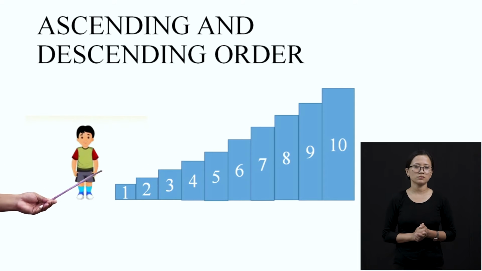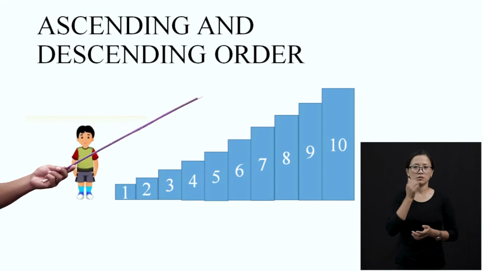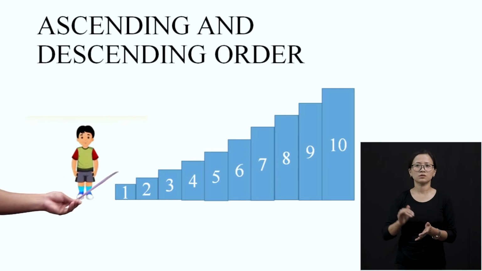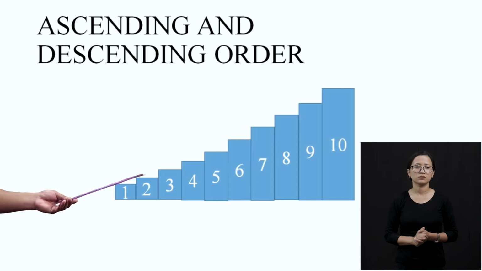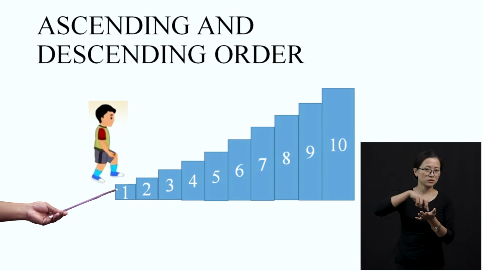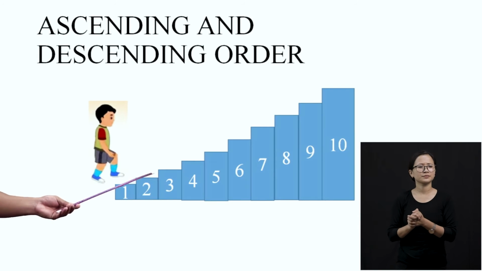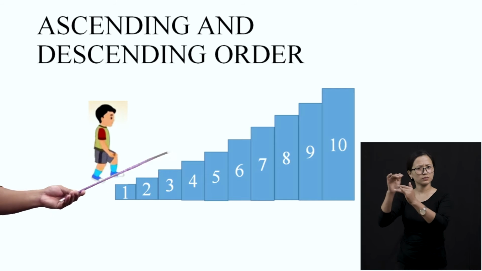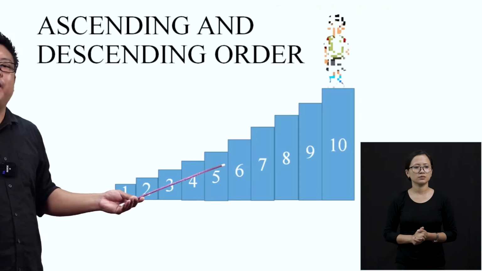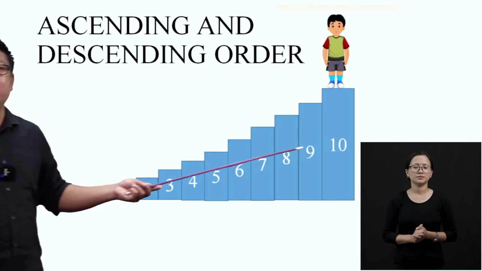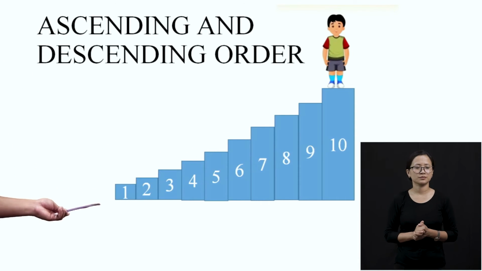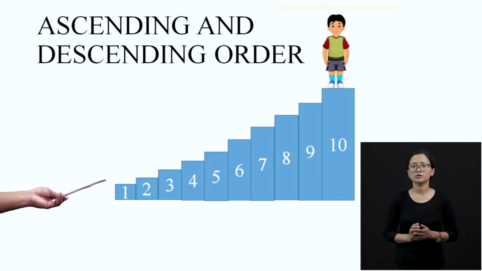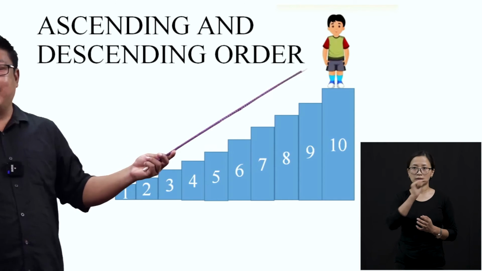Now, Tom is going to climb all the way up. So he climbs through the stairs, one, then two, then three, then four, till he reaches the place 10. All right. So here we can understand that Tom started climbing the step from 1 till 10.